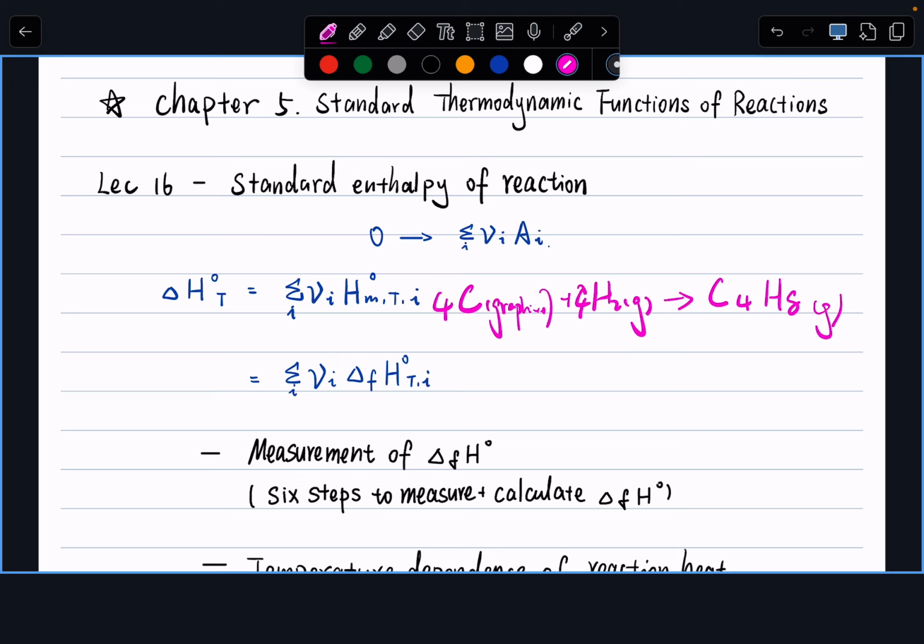Is it? I'm not sure. But nevertheless, we're talking about this kind of reaction. The delta H of this reaction gives you the standard enthalpy of formation.